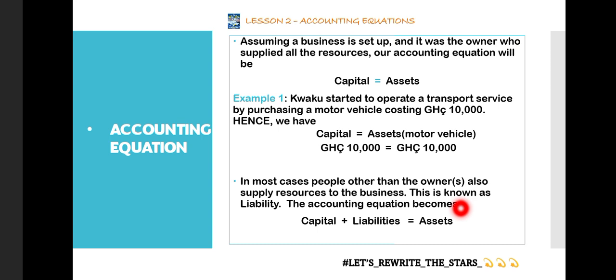So the basic accounting equation is capital plus liabilities is equal to assets. Owner's resources plus other people's resources come together to form the resources of the business or the properties of the business. I hope this is very clear.